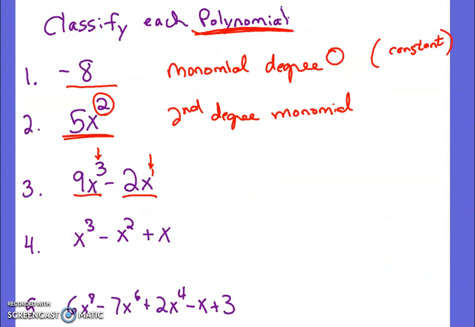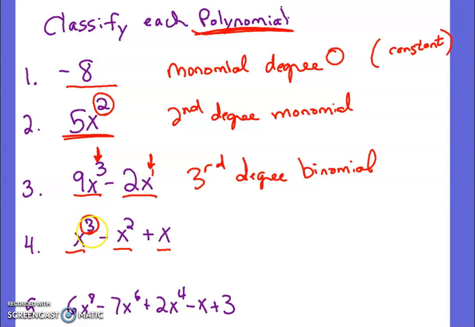So this degree is a 3, this degree is a 1, the highest is a 3, so this is a third degree binomial because it has 2 terms. 1, 2, 3. So it's a trinomial. Notice this degree is 3, this degree is 2, this degree is 1, the highest is 3, so this would be a third degree trinomial.